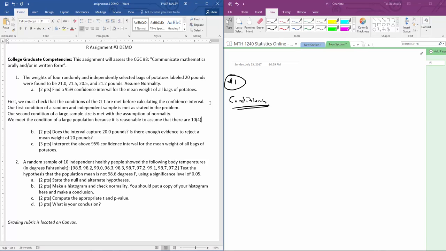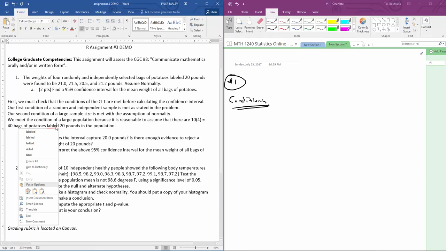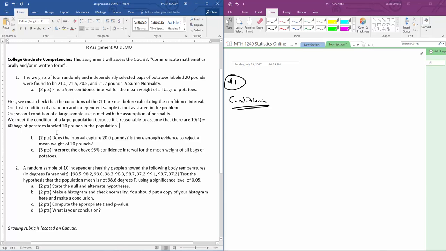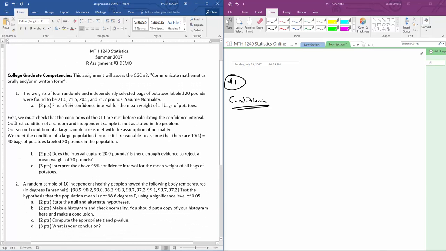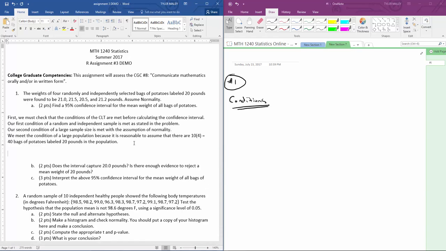We have a sample size of 4, so we need at least 10 times 4, which is 40 bags of potatoes labeled 20 pounds in the population. I had a typo here. So we're just going through meeting all of our conditions: first condition, second condition, third condition. All those are met. Don't forget we have to do that first to make sure it makes sense to continue.